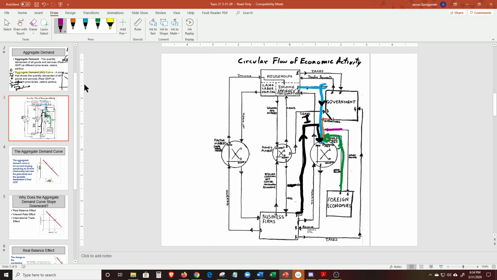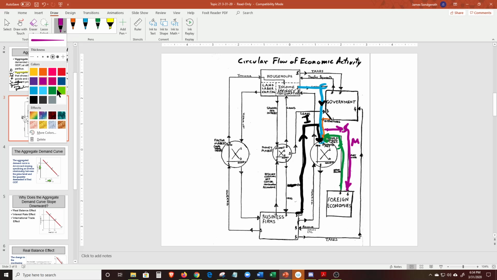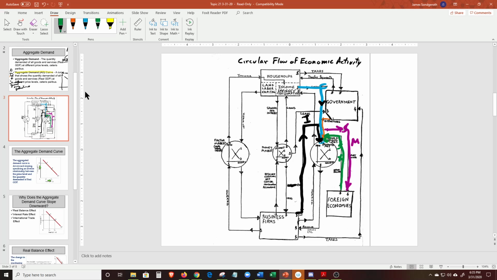So there is going to be an outflow of money here down out of the economy. And these are for imports. The other one was green, right? So these are exports. So they're paying money for exports.